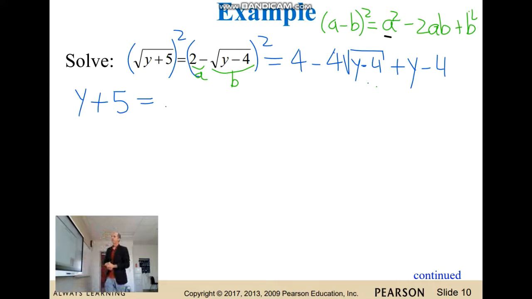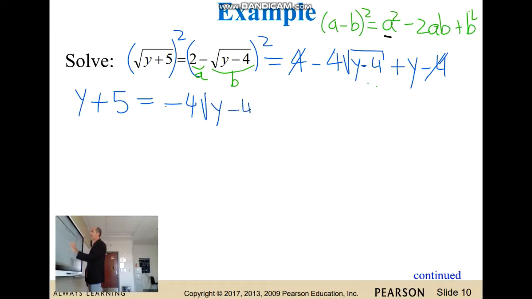Okay. And let me see, we can simplify some things here. 4 minus 4 is 0. And the thing that we're going to have is negative 4 square root of y minus 4 plus y. Okay.